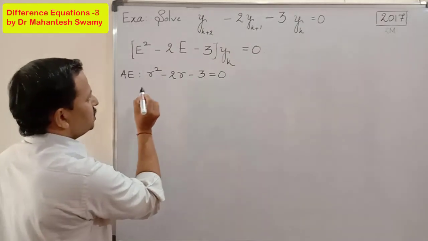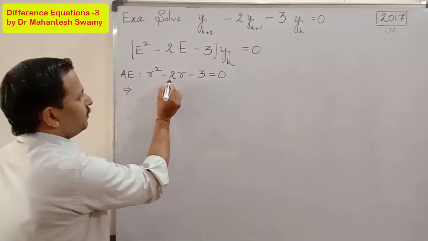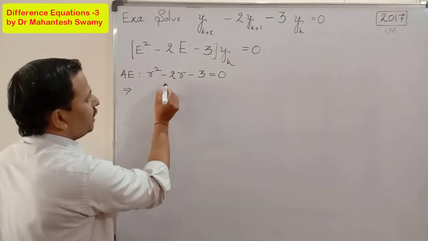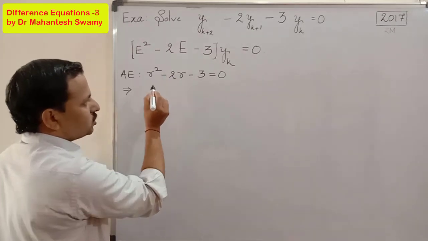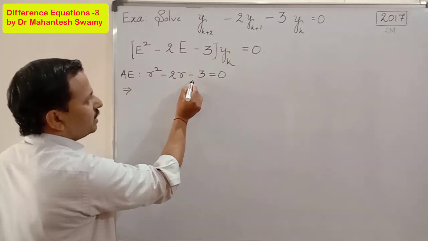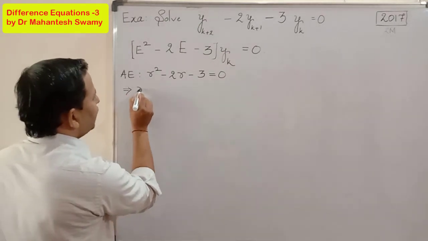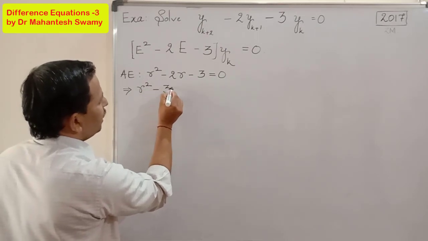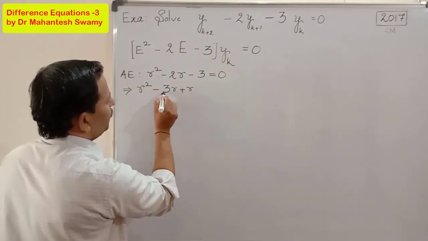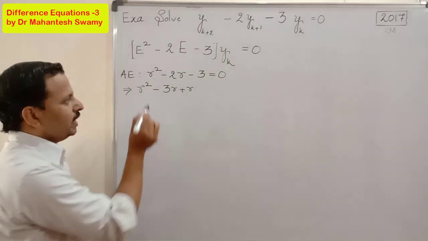In this case it is very simple because the factorization can be done here. The factors are minus 3 and plus 1, so that minus 3 plus 1 gives minus 2, and if we multiply we get minus 3. Therefore the factorization is r squared as it is, minus 3r plus r. Minus 3r plus r gives us minus 2r.